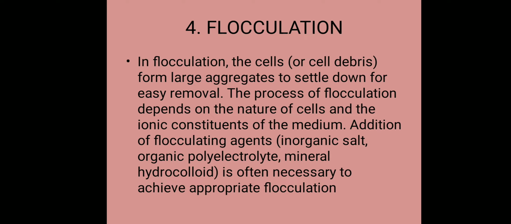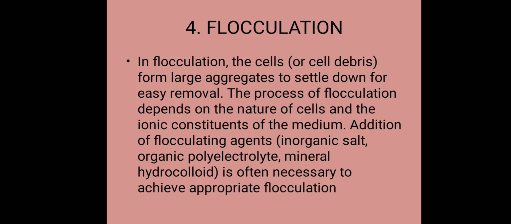The next method is flocculation. In flocculation, the cells or cell debris form large aggregates, huge aggregates that settle down and can be easily removed. Here we use certain flocculating agents to allow the cells to flocculate, so that the cells join together.